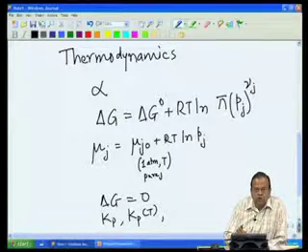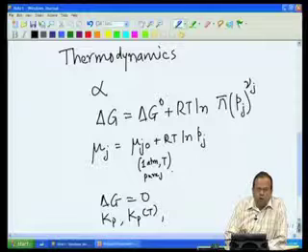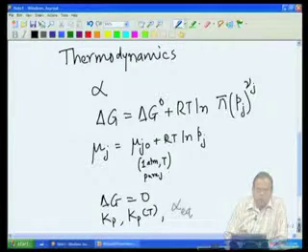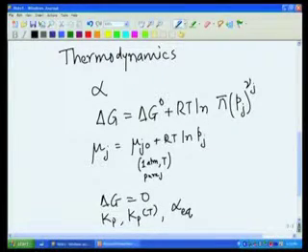Then using this P_j partial pressure in terms of mole fraction into total pressure, bringing in the stoichiometric mass balances, we found out how we can find equilibrium extent of reaction.